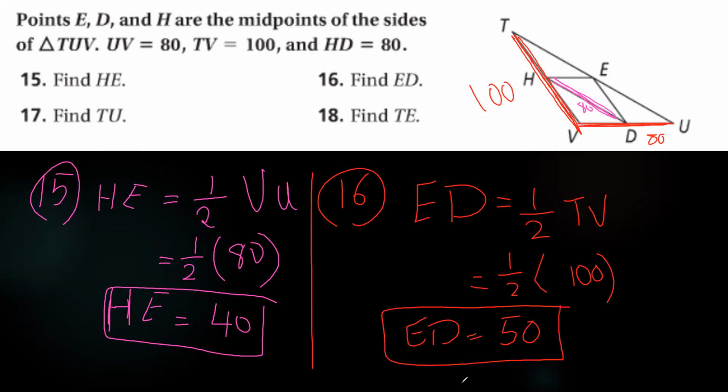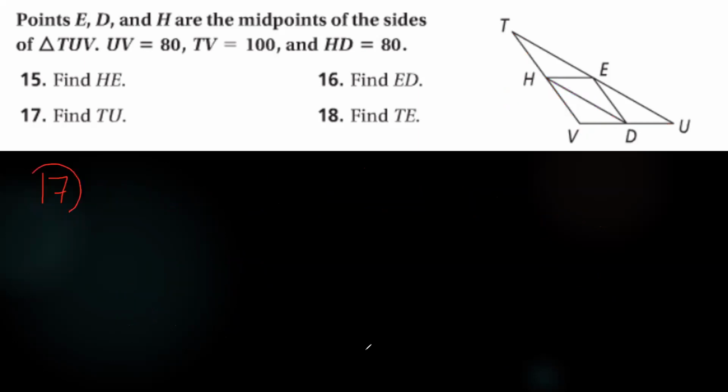Now, let's find number 17. We need to find the length of TU. Since HD here is 80, and TU is parallel to HD, HD is half of TU.